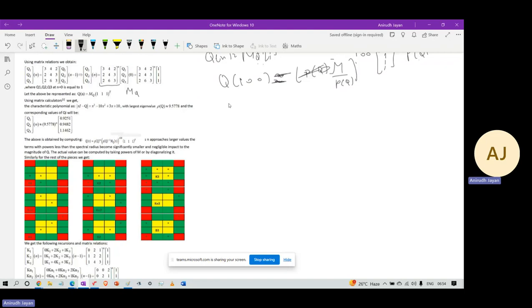Now we get the above relation that Q1 is approximately the largest eigenvalue power n times the coefficient.